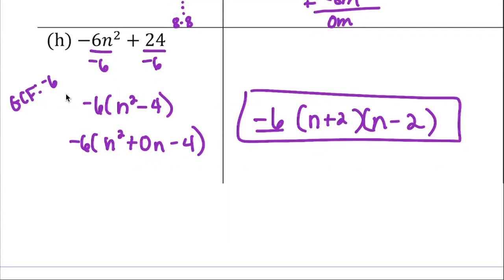I have an n squared minus 4, which means my middle terms had to have canceled out. So we were looking for numbers that multiply to give me negative 4 and add to give me 0. The only numbers that do that are positive 2 and negative 2.